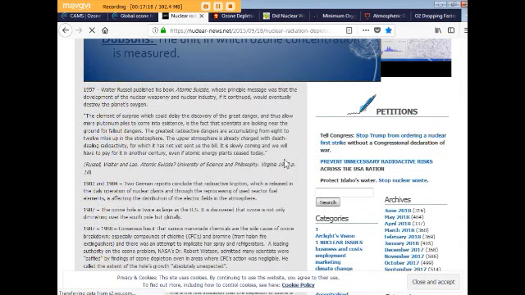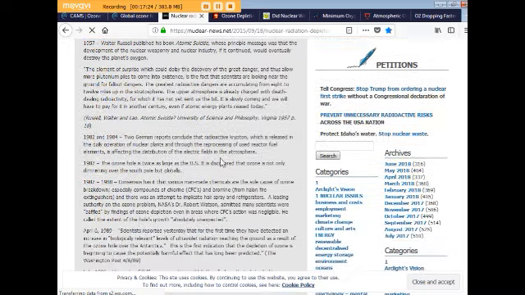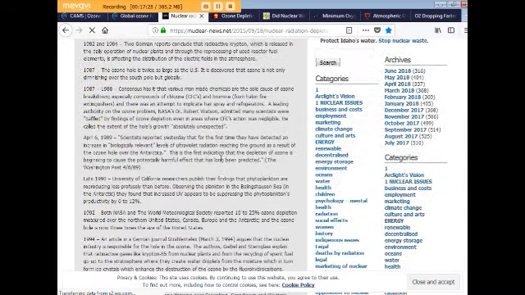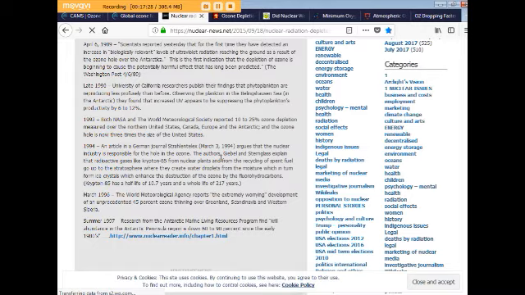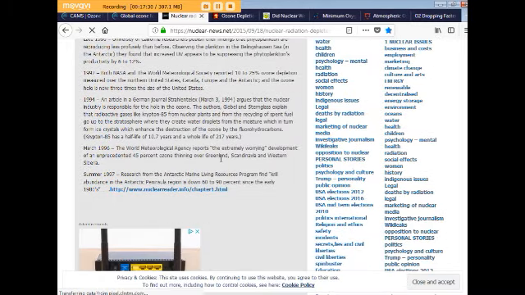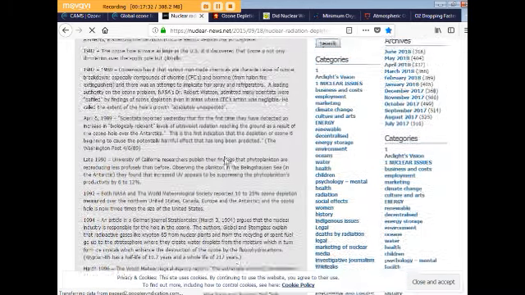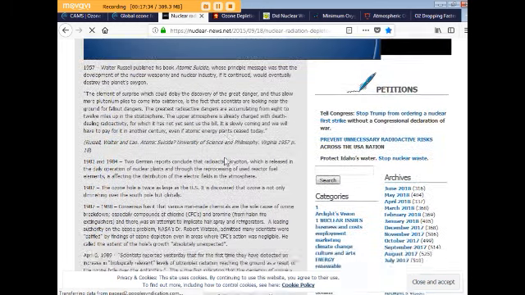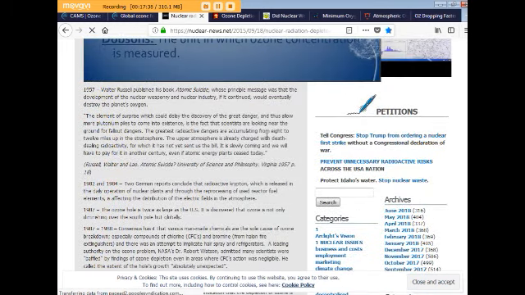And then it just takes quotes from different articles that have been published down through the years with all of these experts warning about nuclear testing and nuclear radiation and nuclear power and all this stuff. Warning.